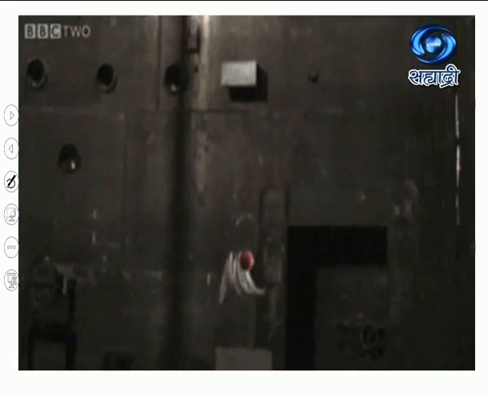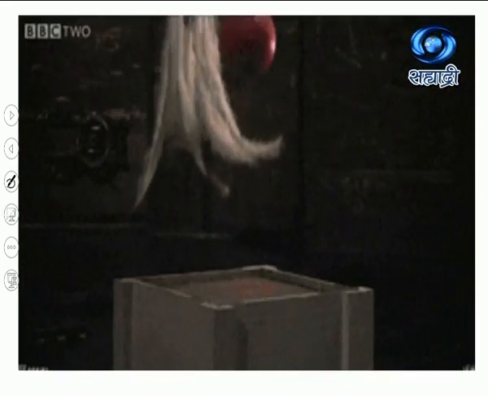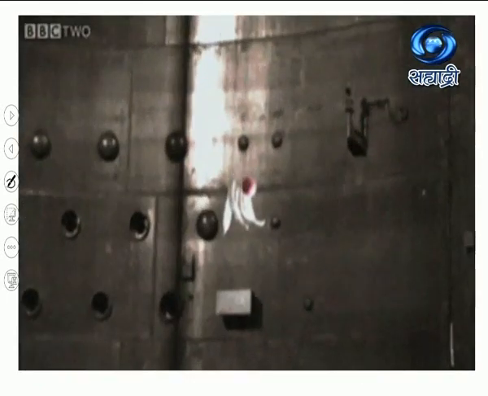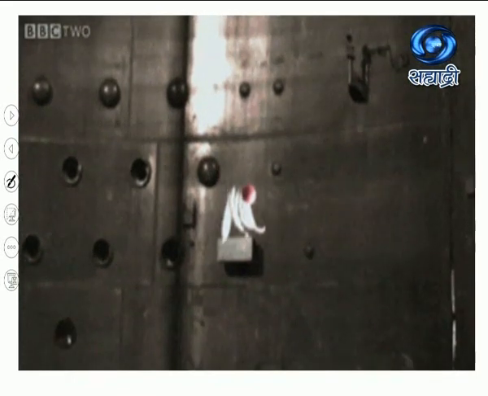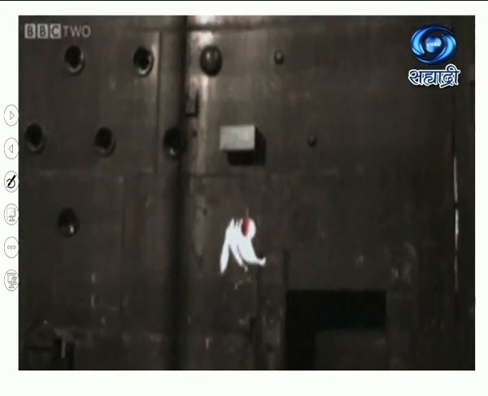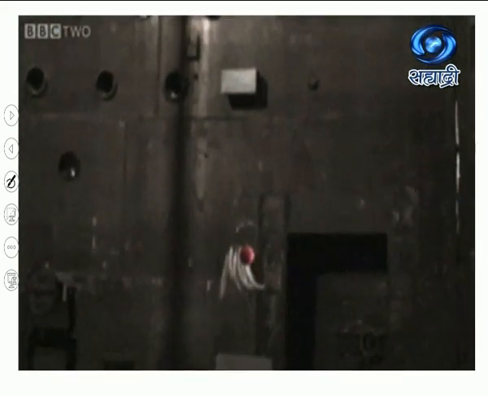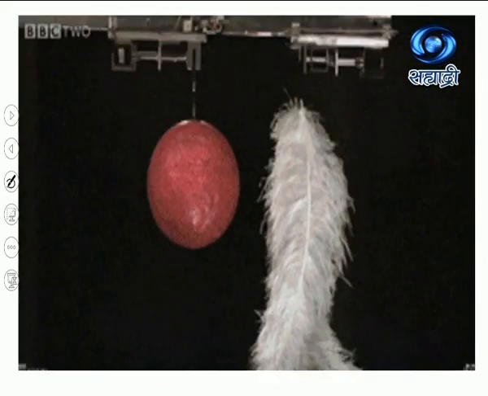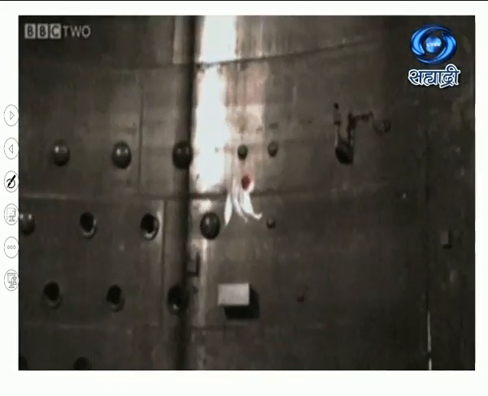Isn't it surprising, children? So this experiment was done in vacuum. In vacuum, the reaching time of both objects is exactly the same. So we can say acceleration due to gravity does not depend on the mass of the object.